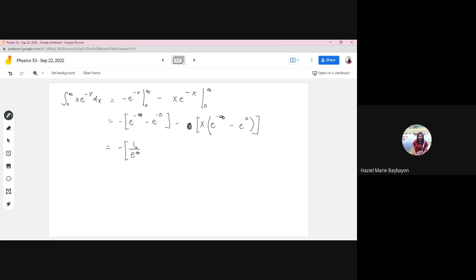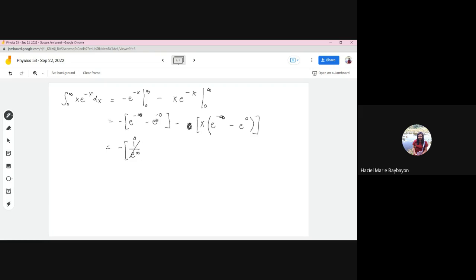So 1 over, pwede man ni siya na tumambalin sa denominator kay ang power niya kay negative man. So 1 over e to the, you can also evaluate diretso sa inyong calculator e to the negative infinity and see kung pila answer class. So this one is 0. Okay, so this is 0.